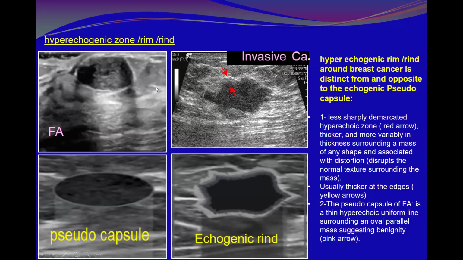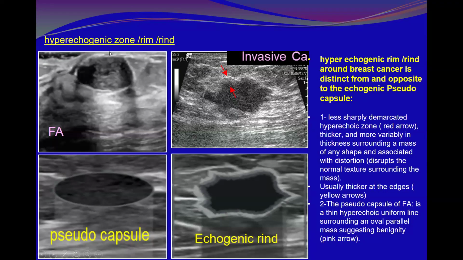Just to compare it with the pseudocapsule surrounding a fibroadenoma. Can you see the pseudocapsule? These are both my patients. Here, confidently, if it is the first time, we can label this as a probably benign mass, and this as highly suggestive of malignancy.